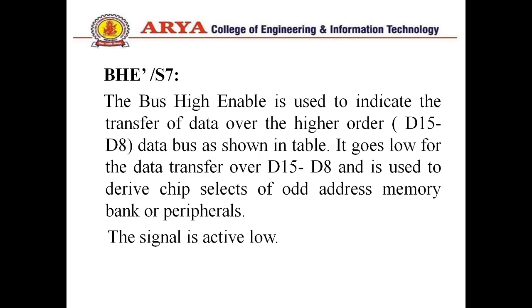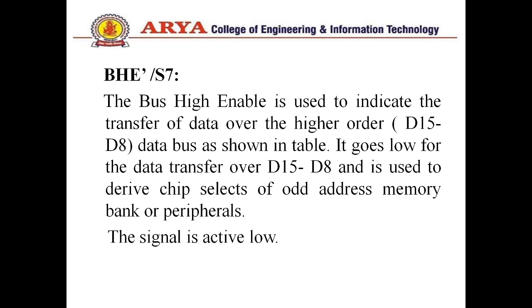Next is BHE bar oblique S7. BHE is bus high enable. It is an active low signal, and it is used to indicate the transfer of data over the high order data bus. High order is from D15 to D8, and lower order, as we know, D0 to D7.